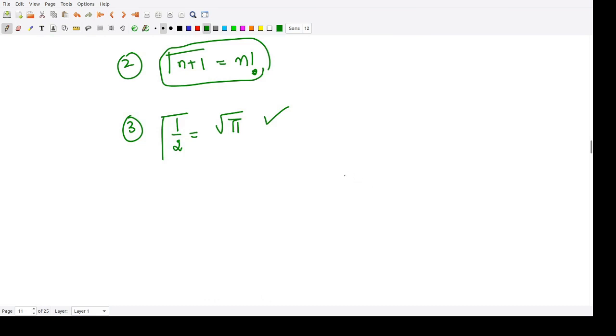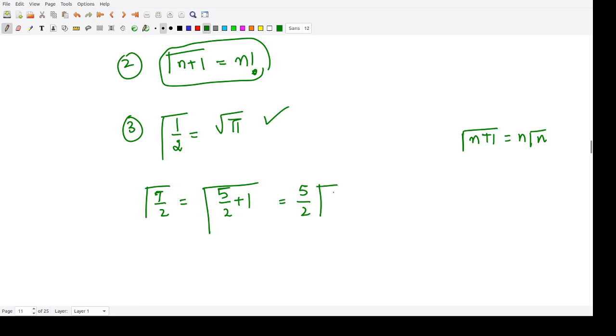Now, because we know the value of gamma of 1 by 2, if I ask you to calculate the value of gamma of 7 by 2, what would it be? You could write 7 by 2 as 5 by 2 plus 1, gamma of 5 by 2 plus 1, and now using the relation gamma of n plus 1 is nothing but n gamma n, you would have 5 by 2 gamma of 5 by 2. Again you could write 5 by 2 as 3 by 2 plus 1, so this is 5 by 2 into 3 by 2 into gamma of 3 by 2.